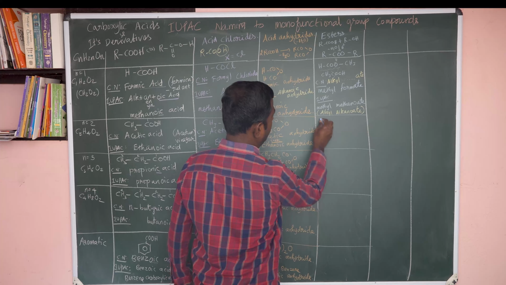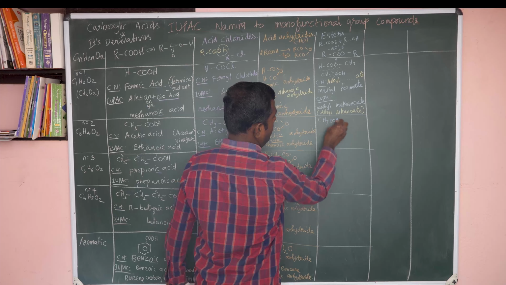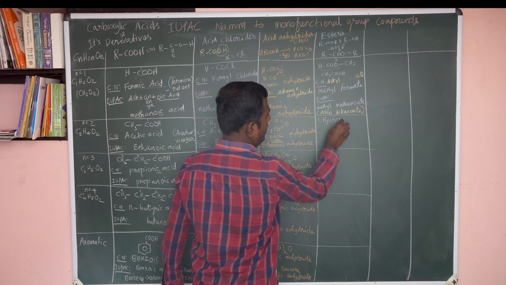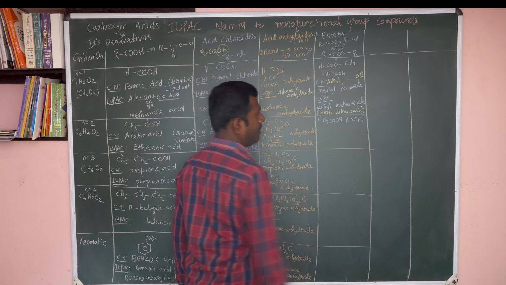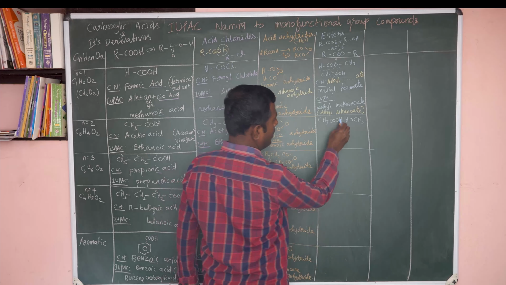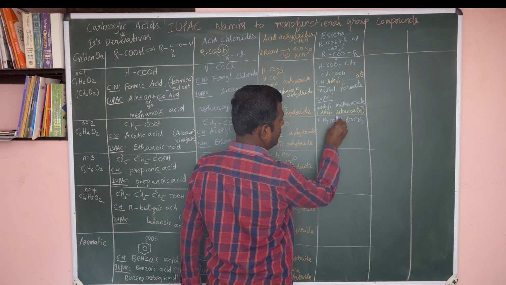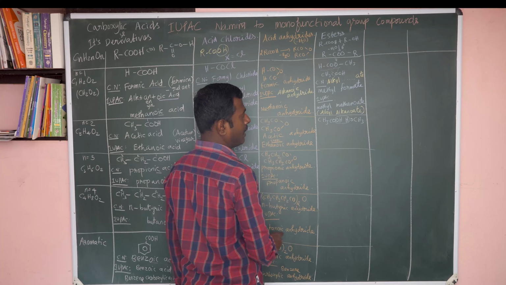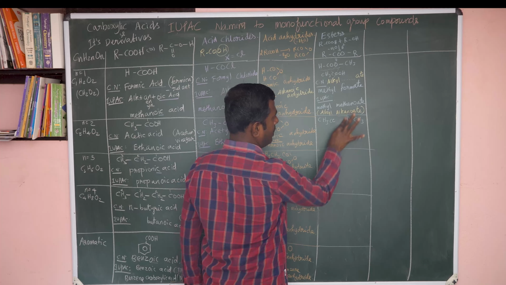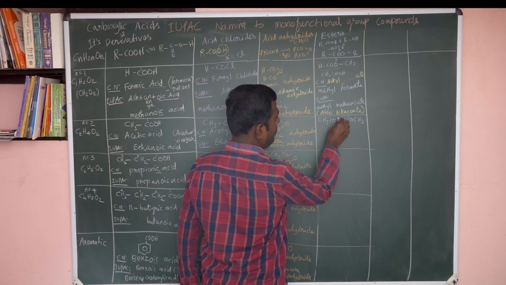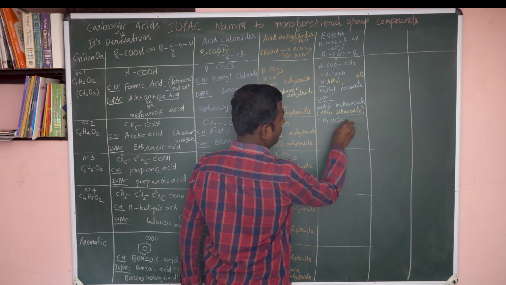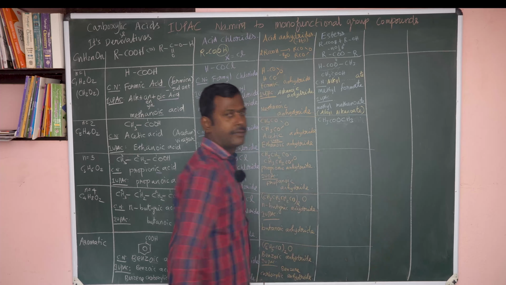Let us write CH3COOH, acetic acid, and CH3OH, methyl alcohol. If they react, water will be removed. OH and H, water is removed. Now CH3COOCH3, this is the ester.